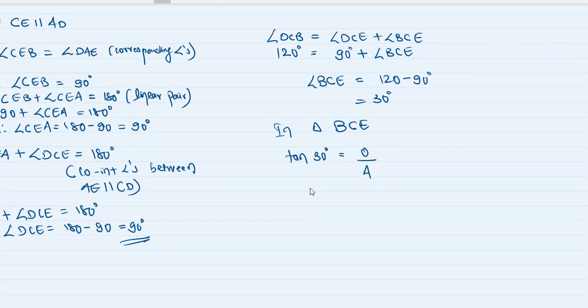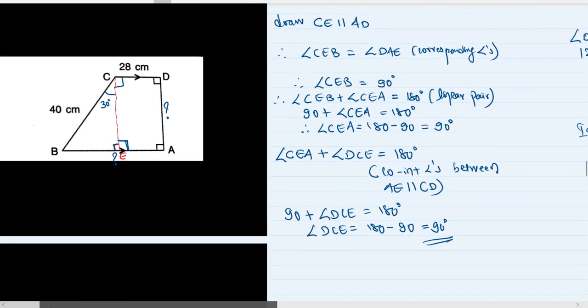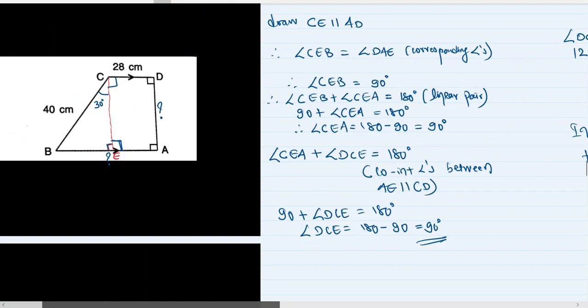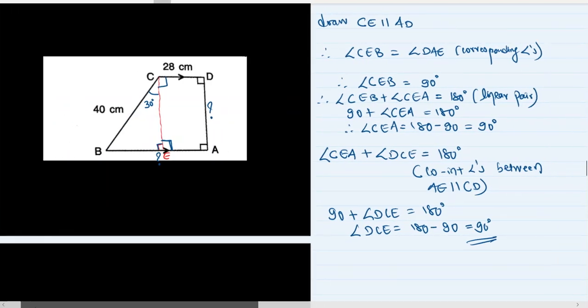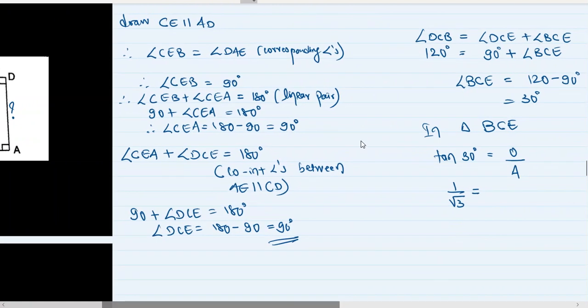So tan 30 is 1 by root 3. Opposite of 30 degree angle is BE. I think we should use sine because we do not know adjacent, neither do we know opposite. So let me take sine over here.